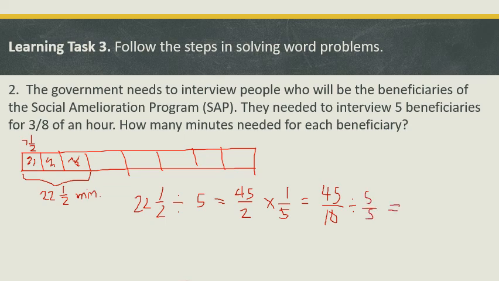So, magiging 9 halves. And yung 9 halves, kapag ginawa nating mix fraction, ay magiging 4 and 1/2. So, ibig sabihin, yung bawat isang beneficiary ay tatagal ng 4 and 1/2 minutes sa kanilang interview.